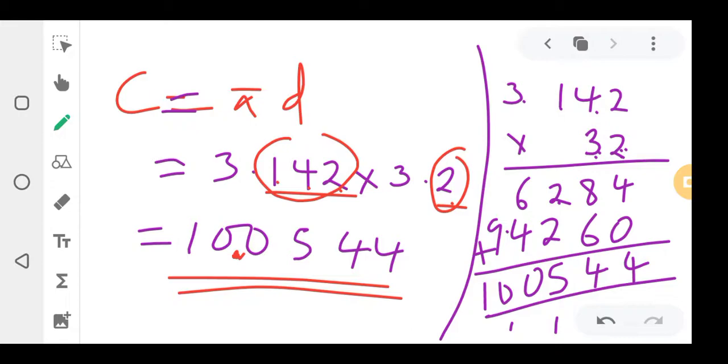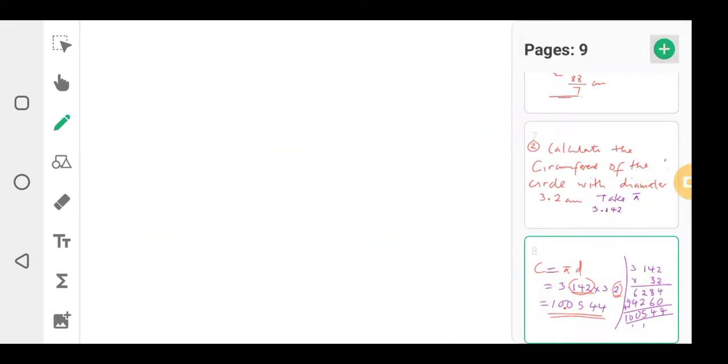Okay, so sometimes a question can come where they give you, let's say, this is question 3.